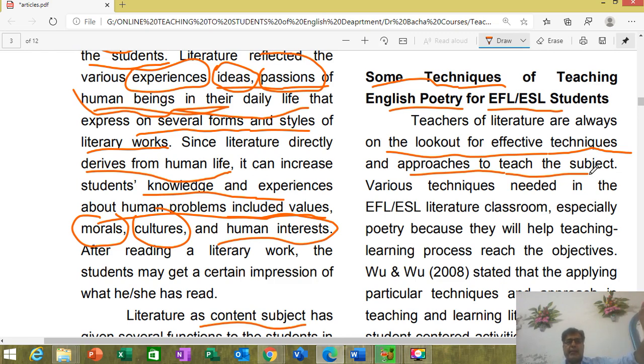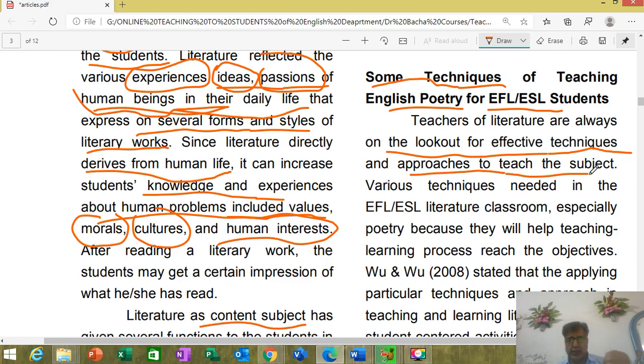Then came DM, direct method, and then ALM, audiolingual method, and then many methods came, in fact. But all these methods have certain strengths and limitations, right? So one single method is not going to work effectively.